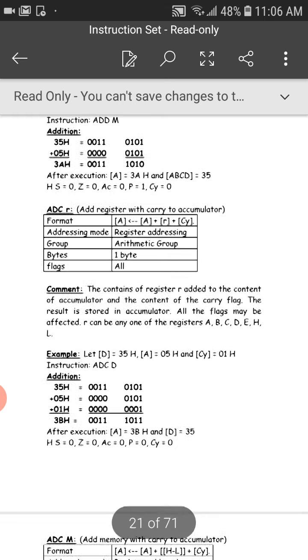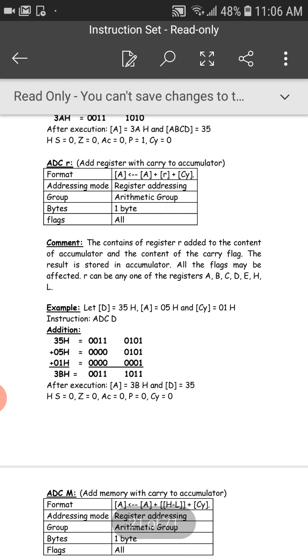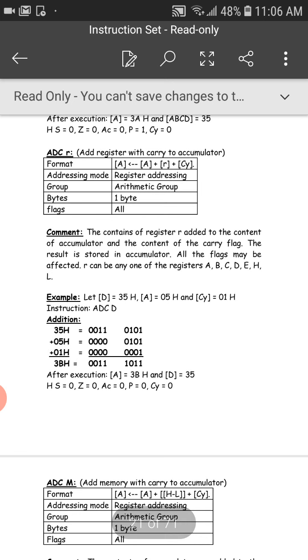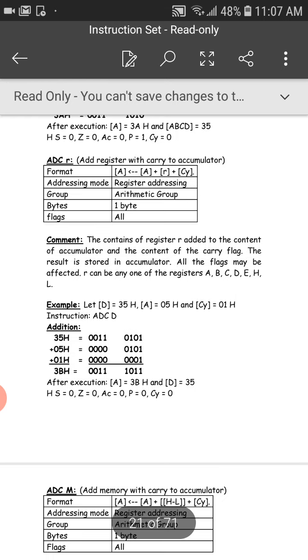You have to add both contents and the result will be stored in the accumulator, and flags are affected, that is the sign flag, zero flag, auxiliary carry flag, parity flag and carry flag according to the result.